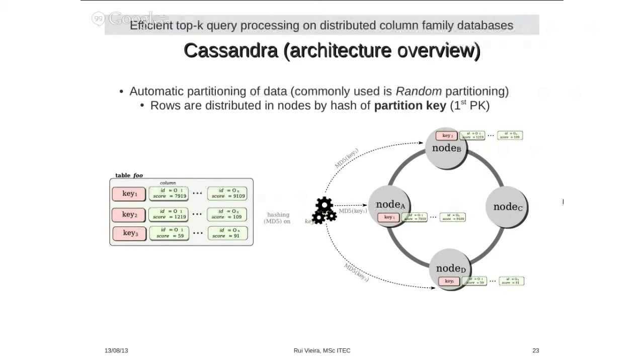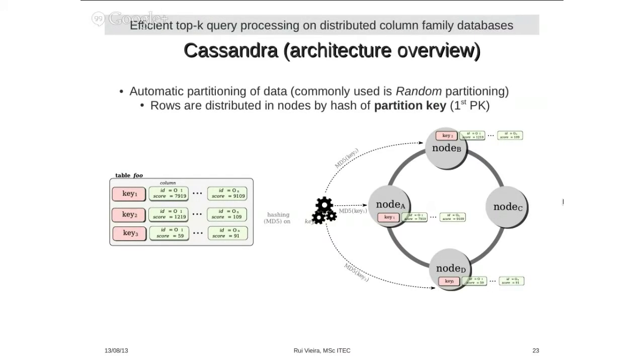One important thing about Cassandra is the way in which rows are located, because that will directly influence our implementation. Cassandra performs automatic partitioning of data, and the most commonly used partitioning strategy is a random strategy. In this strategy, rows, as we can see in that table, have several primary keys, but the first primary key is called the partition key.